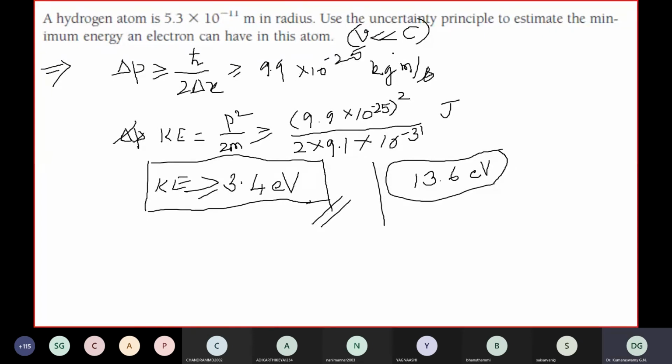If you do not see that, or if you see V is approximately equal to C. V is very, very less than C means P square by 2m, the classical formula. Otherwise, you have to use E equal to PC. Kinetic energy is equal to P into C.